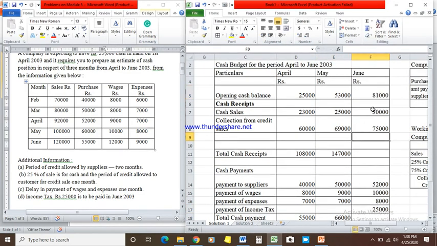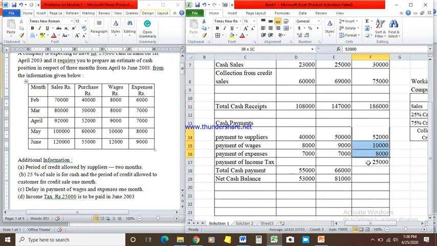Again we close this. We get 1,86,000. Sorry, 95,000. So the difference is 91,000. In this way the cash budget is prepared.